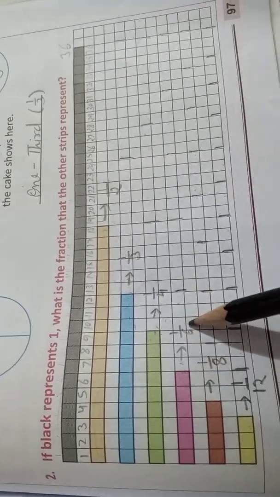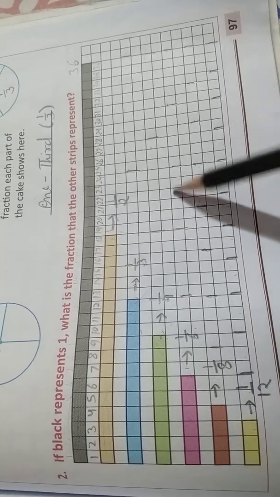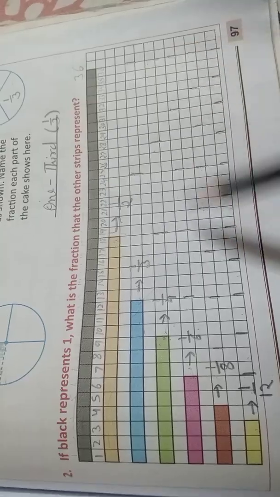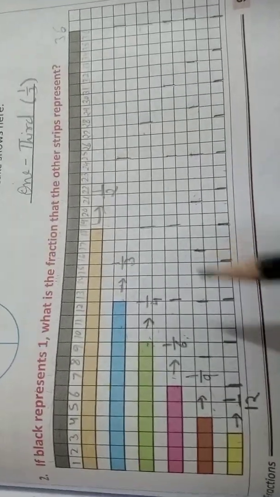So it means this whole strip is divided into 6 equal parts. Yes, so 6 6s are 36. So it is representing 1 by 6.